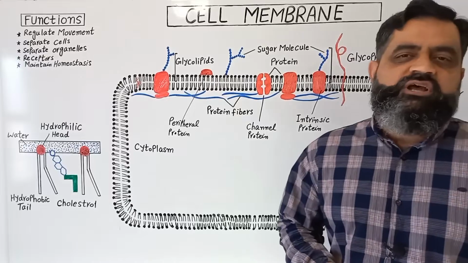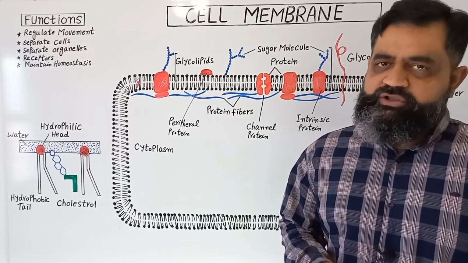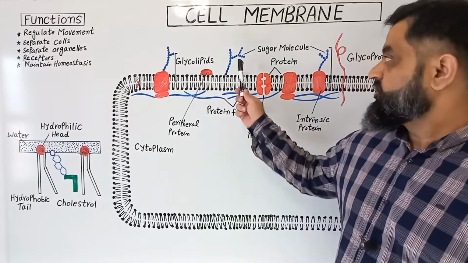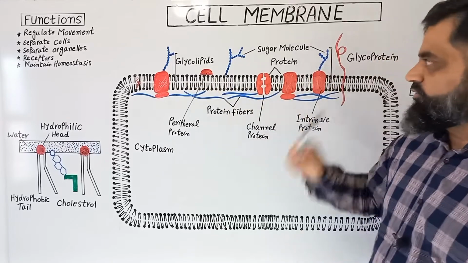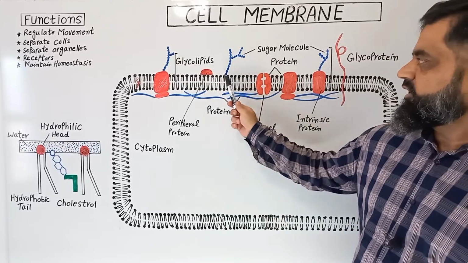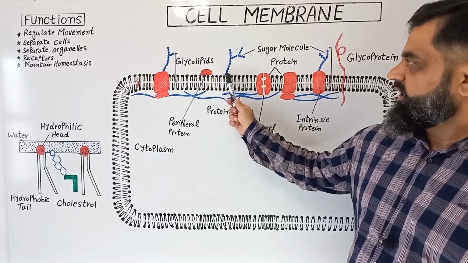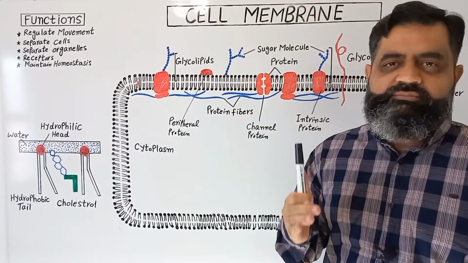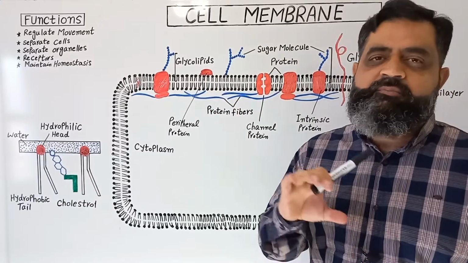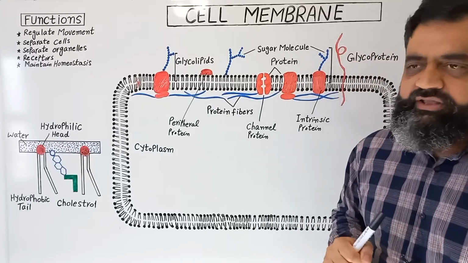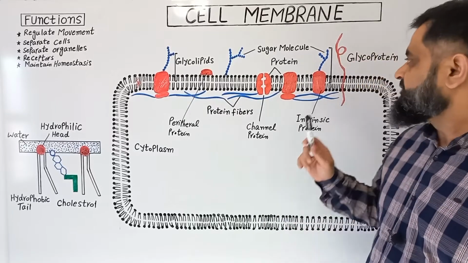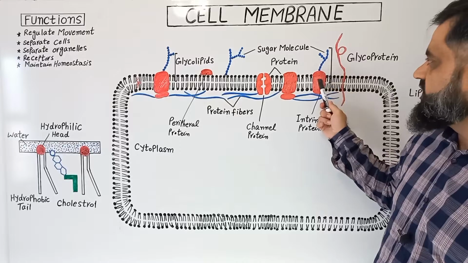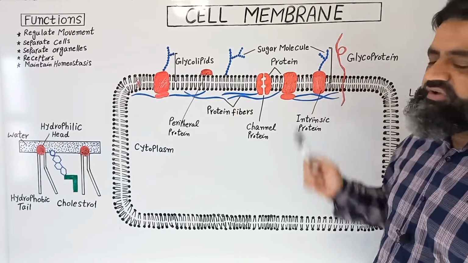The other component of the cell membrane is carbohydrate molecules, which are sugar molecules, as you can see right over here, right over here, right over here. If the carbohydrate molecules are attached to lipid molecules, they form a structure known as glycolipids. So glycolipids are a very important component of the cell membrane. In the same way, some sugar molecules are attached to proteins in the form of glycoproteins.